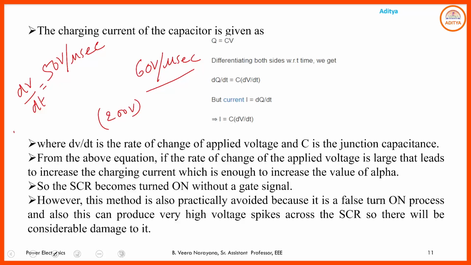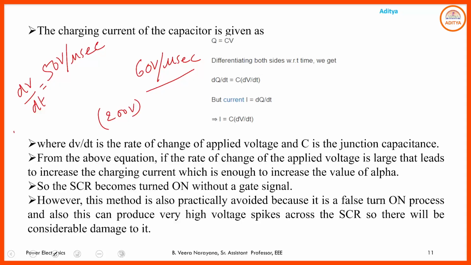But from a practical point of view, if you don't control this dV by dt rating in the SCR, unwanted triggering of the SCR will take place. So to avoid this unwanted conduction or unwanted triggering of the SCR, we go for the snubber circuit. What is the need of the snubber circuit? What is the meaning of this unwanted conduction of the SCR will be discussed in the snubber circuit.